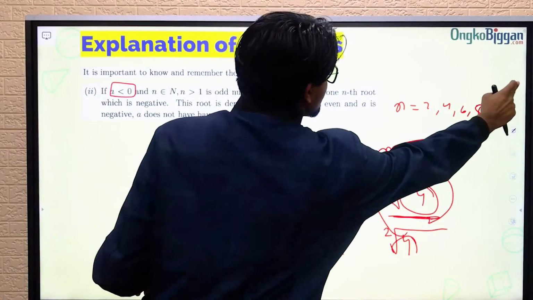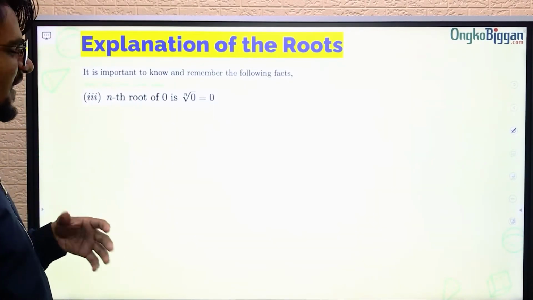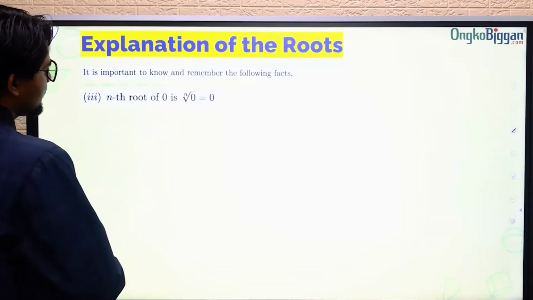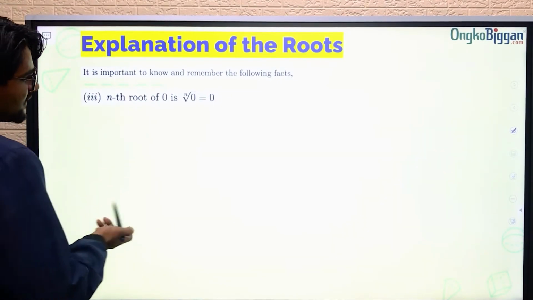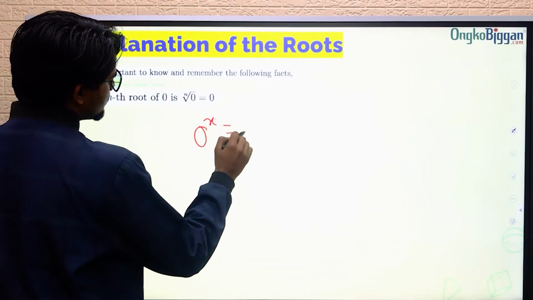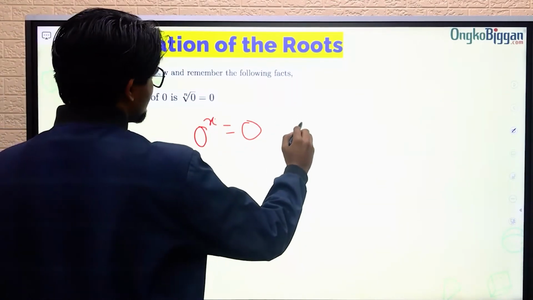So lastly we move on to the final fact, that is, the nth root of 0 is equal to 0. There can be no other value. So 0 to the power x equals 0.